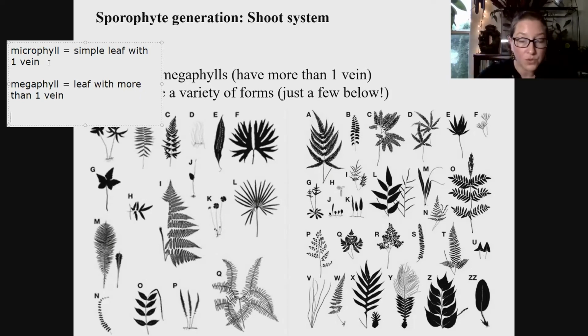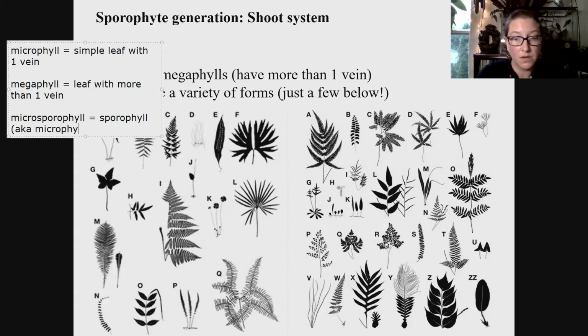Don't get that confused with, for example, microsporophylls, which is a sporophyll, aka microphyll, with sporangia on it that has microsporangia.